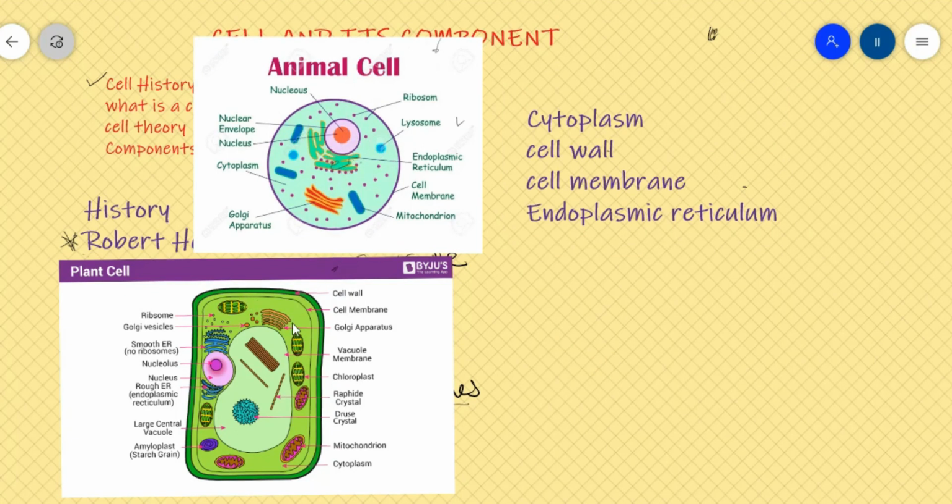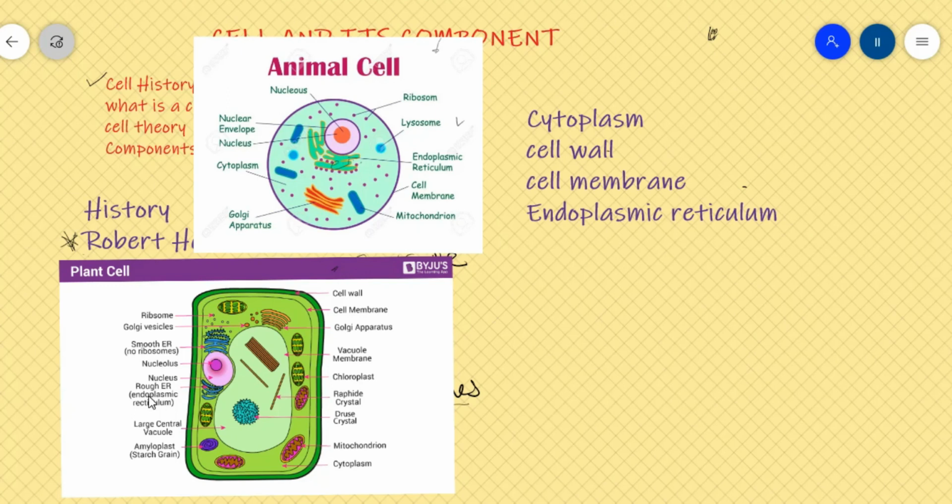They look like pathways by which other cell organelles are interconnected. So we have the rough here. Now you can see this diagram magnifies both the rough and smooth endoplasmic reticulum.